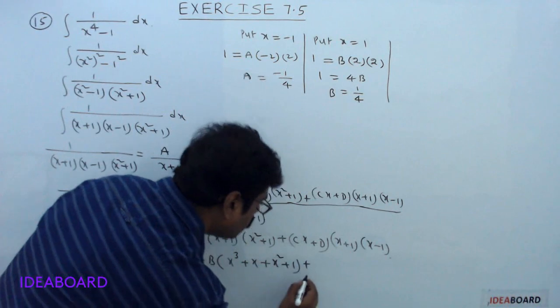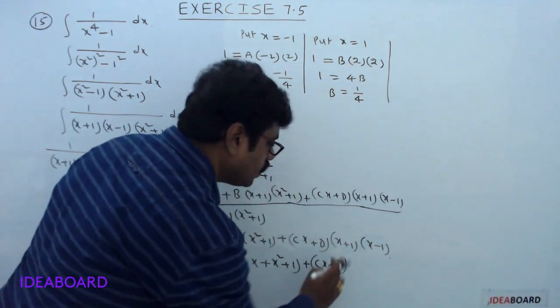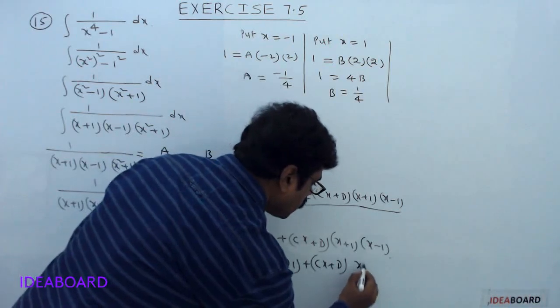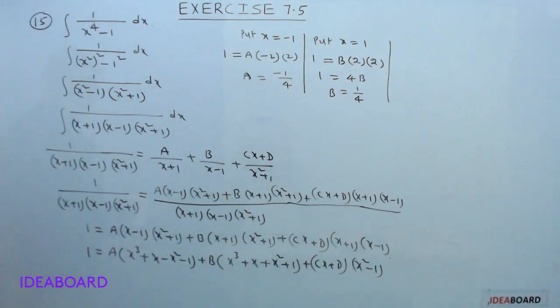Then this is cx plus d into x plus 1 into x minus 1, it is x square minus 1.